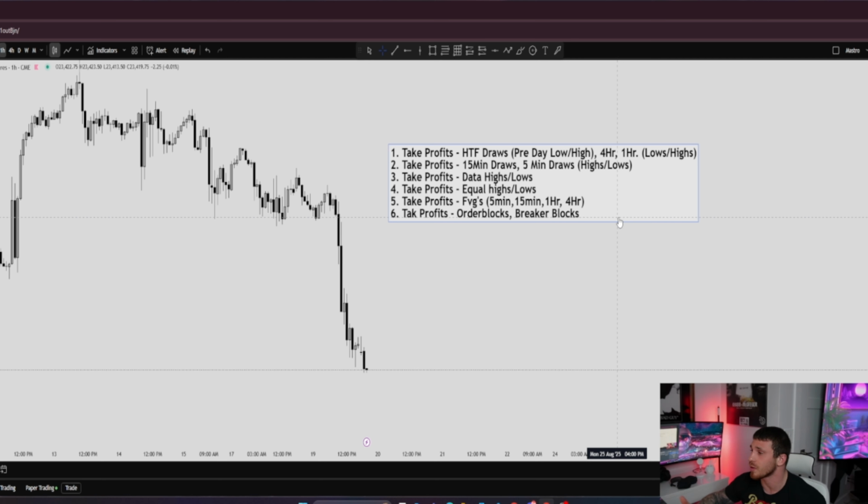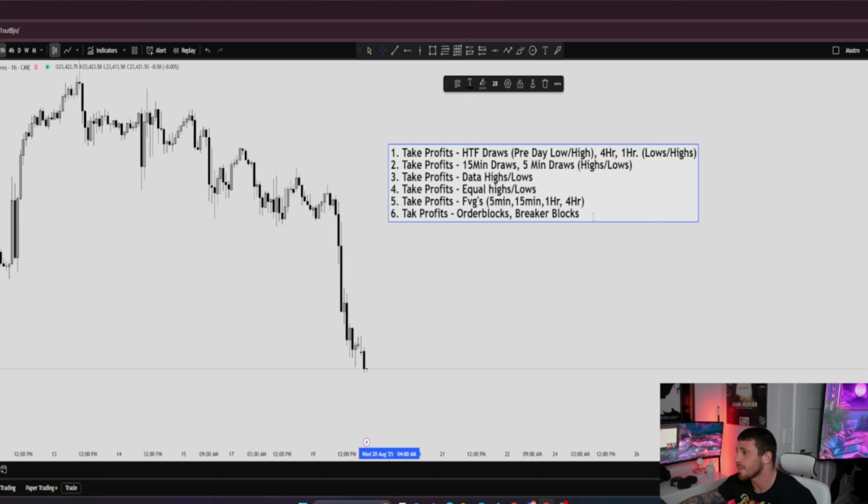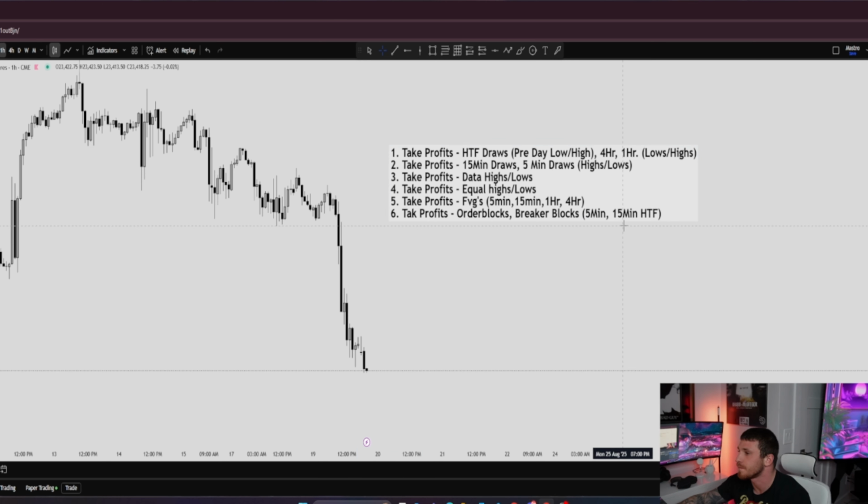I've done it before. It works pretty well. I'd recommend maybe doing 5 minute, 15 minute, and then high time frame order blocks. We'll put this like that.